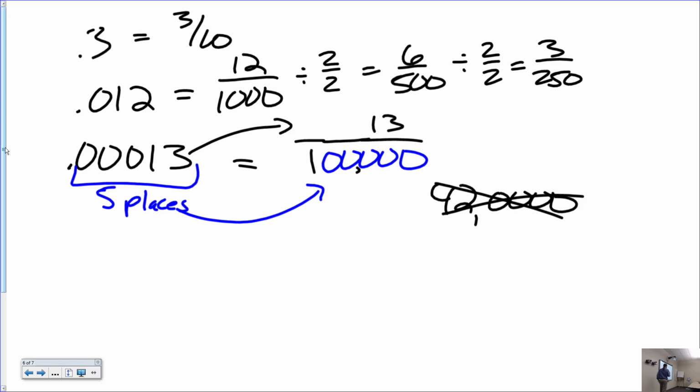I know it's a small number, but I can't really visualize what it is. Well, that's why being able to convert it to a fraction is not a bad thing to do, because then you can actually see how small it really is. Exactly. And hopefully, as you do this class, you will get more and more comfortable with being able to go back and forth, and seeing which ones are small and which ones are not. All right? Now, one more just to be safe.